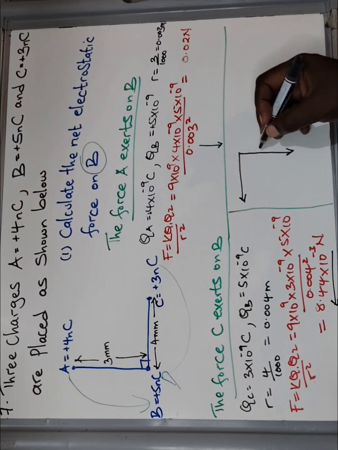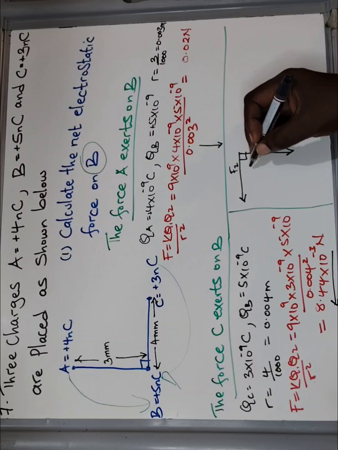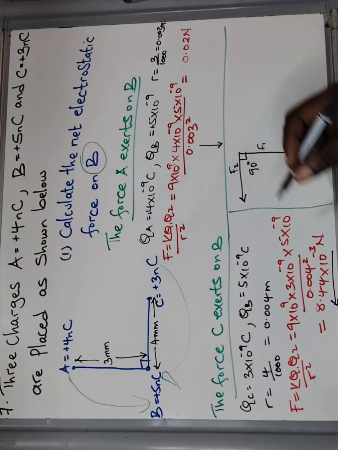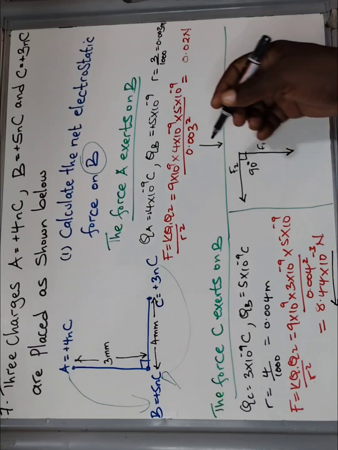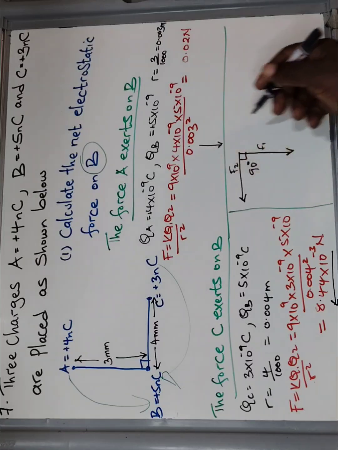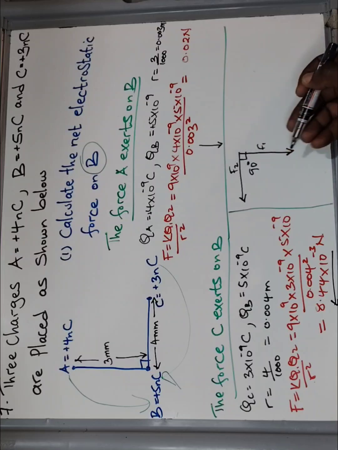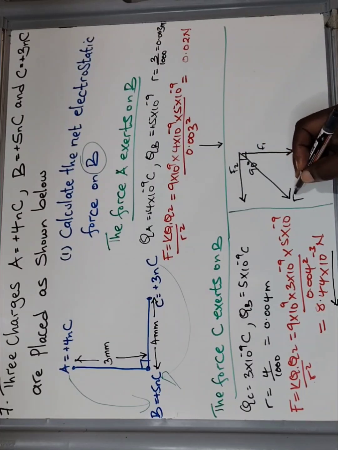So this one is F1 and this one is F2, and they are meeting at 90 degrees. Okay, so when you reach that point, what comes to your mind? What comes to your mind is that this one has to be solved through Pythagoras. Yeah, this one actually reflects what we call tail-to-tail diagram, and we're expecting our F net to be around here.